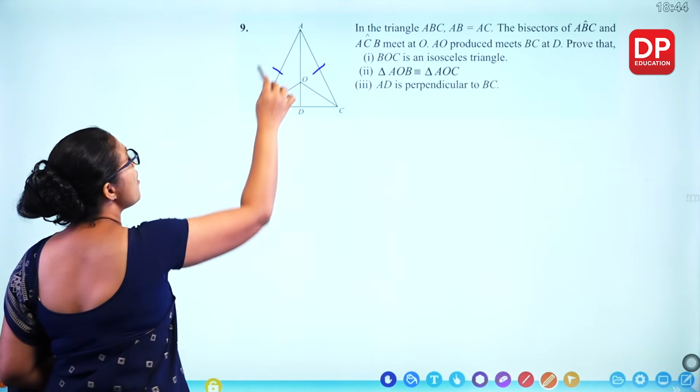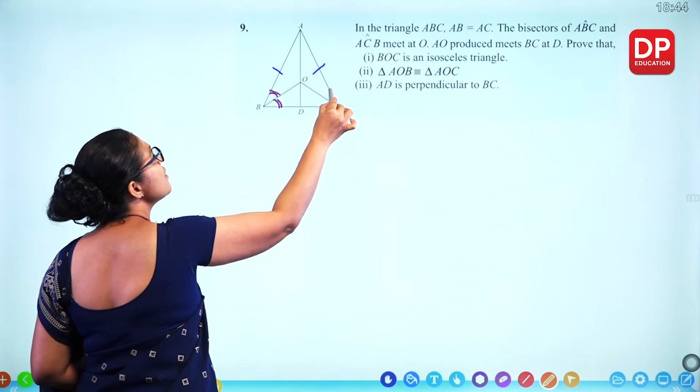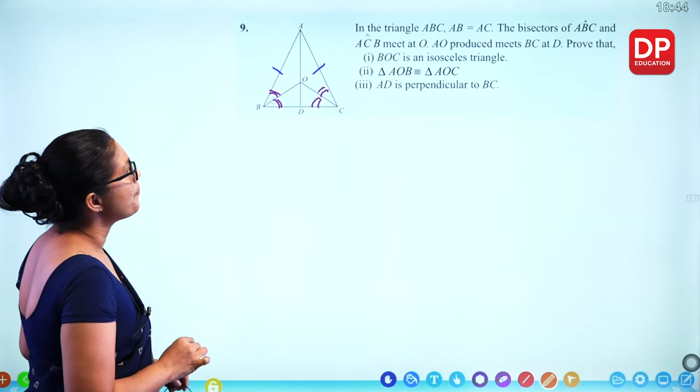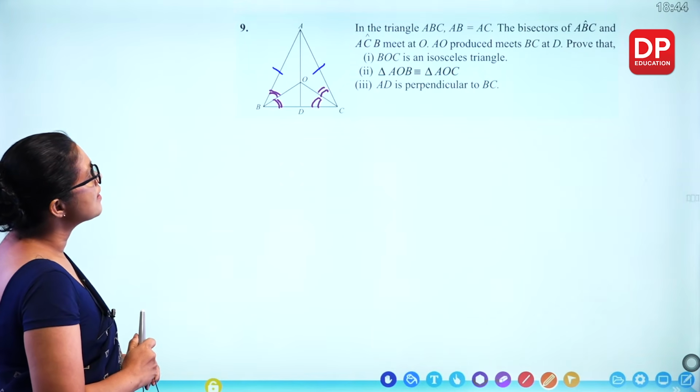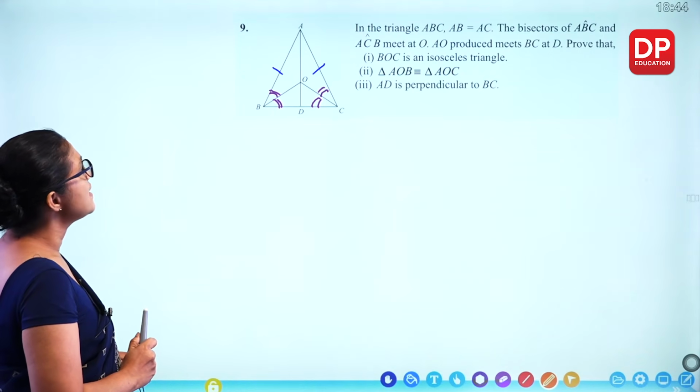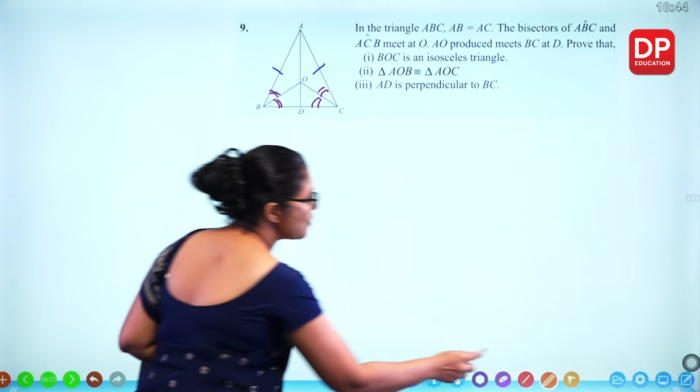Now what can you say about the whole angle B? It should be equal to C. So we can mark this angle is also equal to each other. So the question asks, BOC is an isosceles triangle. Okay, we'll try to prove that.